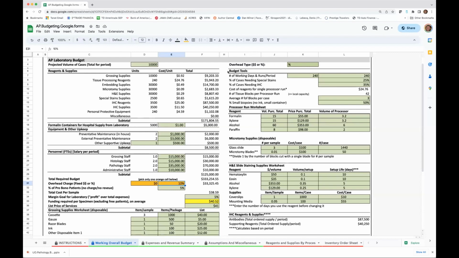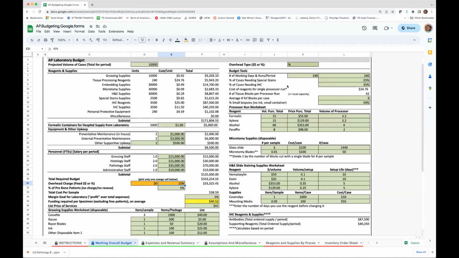The next area that you go to are the budget tools, right? So how many days or runs are you going to do? Let's take, for example, a standard year, which assumes about 4 weeks of not operating because of, say, holidays or annual close down, whatever.